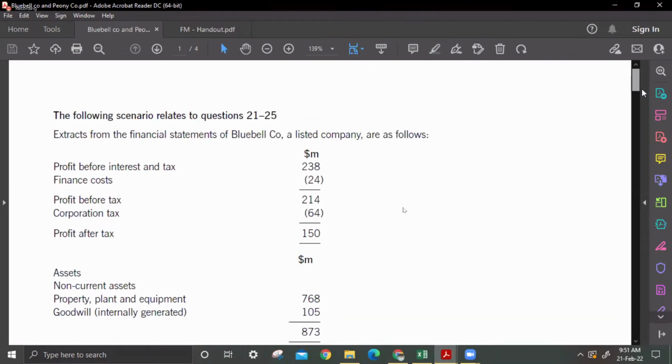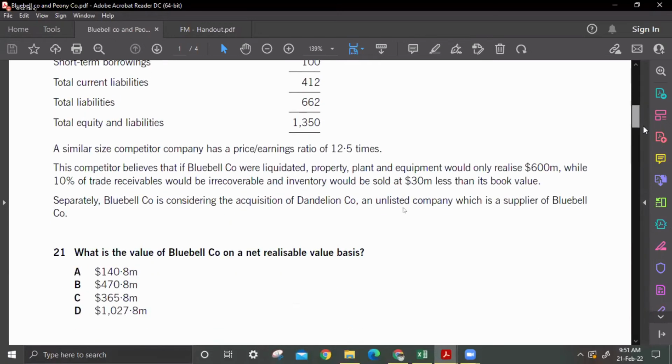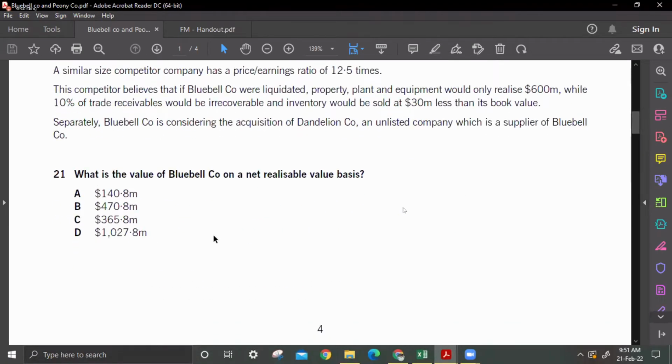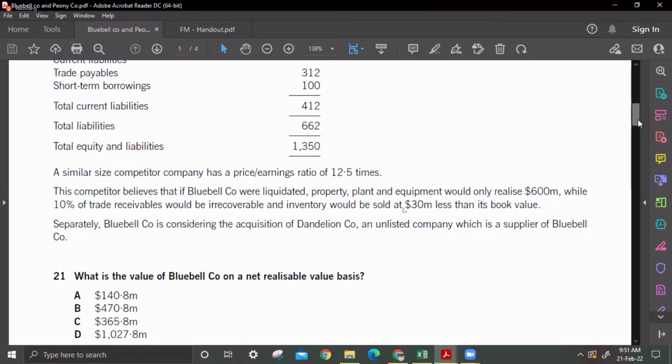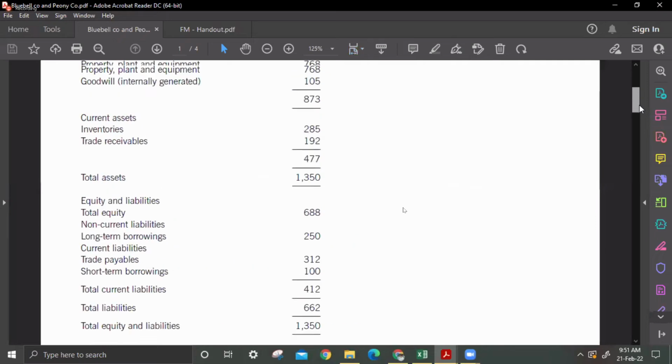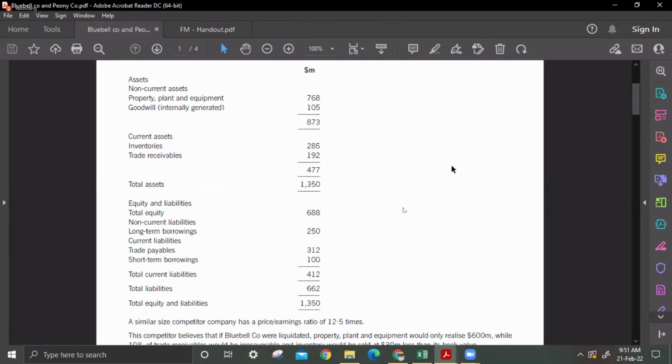So they've given you the financial statement and the balance sheet also. And they're asking you what is the value of Bluebell company if they're using the net realizable value method. So go through the question and tell me what is the answer. Now let's see who will give me the answer.